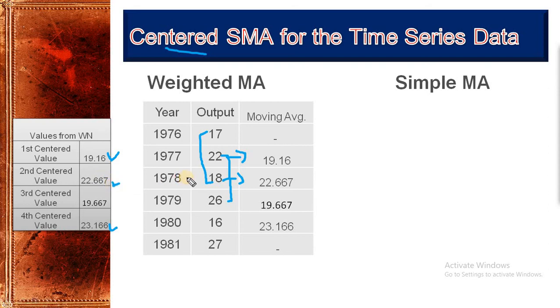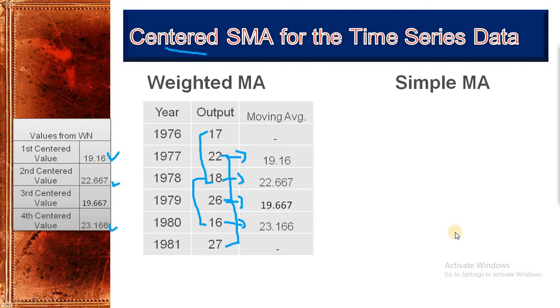For the third value these three values are considered, so the centered value is 19.667, and for the last value we have considered the last group. This is the centered value, so the fourth value is 23.166.